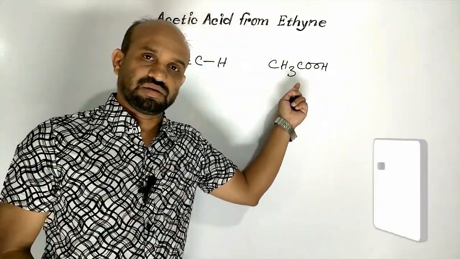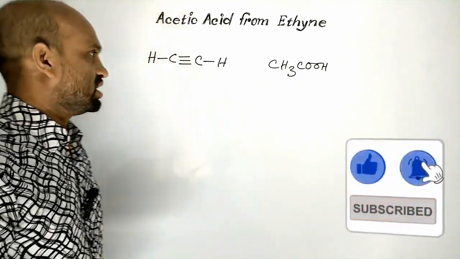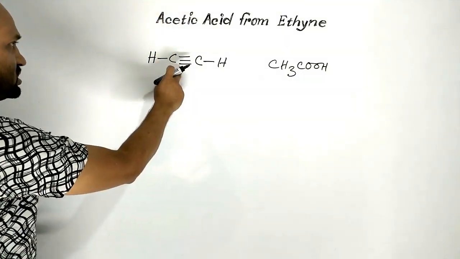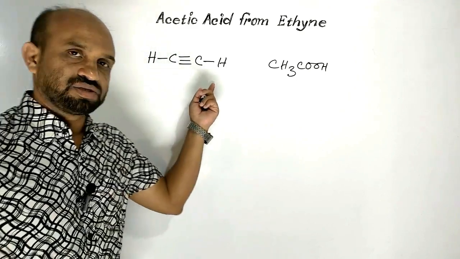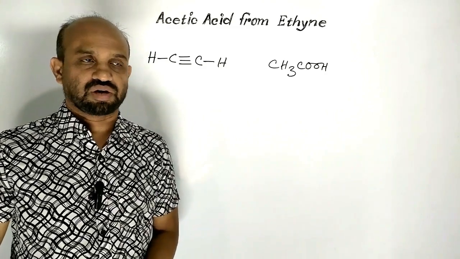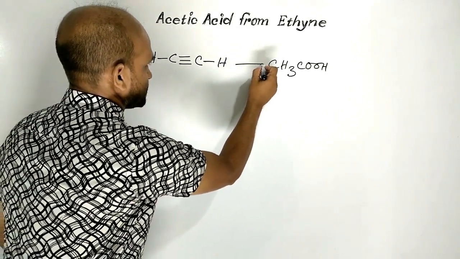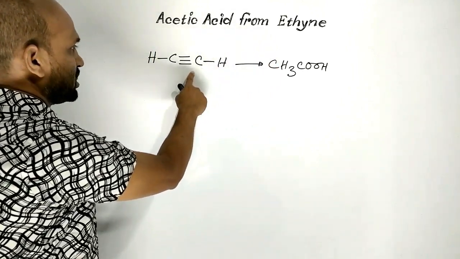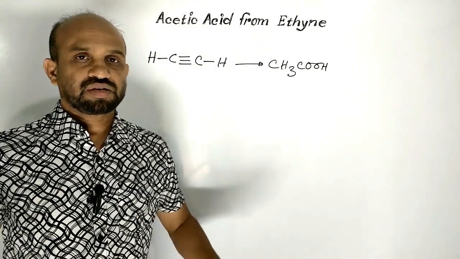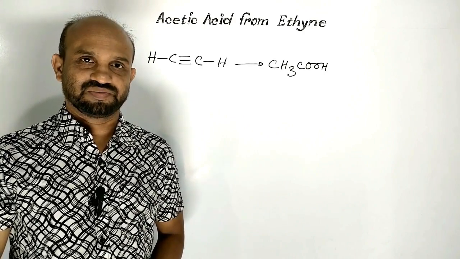This is acetic acid, which is also known as ethanoic acid, and this is ethyne. This is also known as acetylene. In this lesson, we are going to learn preparation reaction of acetic acid from ethyne. So let's begin.